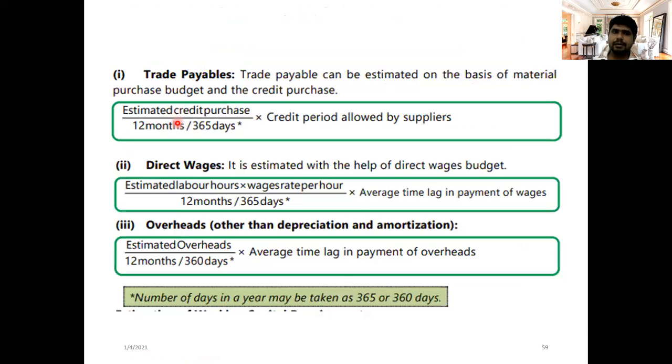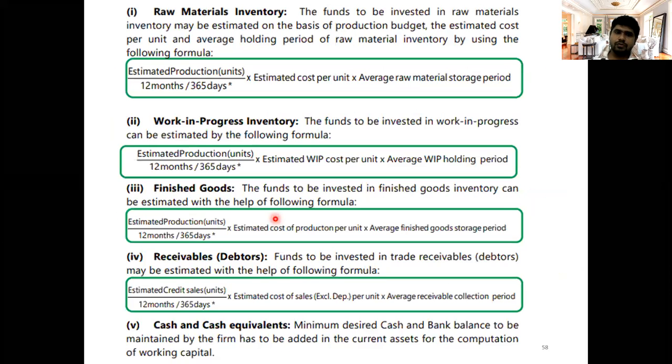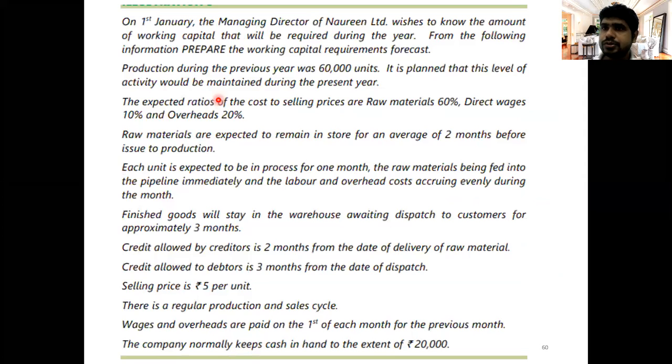Liability side, trade payables and direct wages and overhead, right? You may have many confusions on these formulas. There are a lot of formulas here: 1, 2, 3, 4, 5, 6, 7. Don't worry, it's very easy. Once you understand the logic behind these formulas, it's very easy, right? Don't worry.